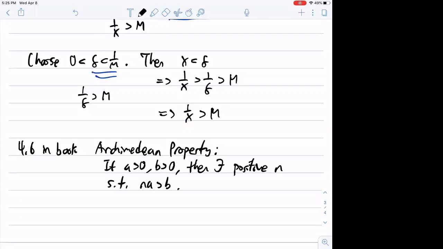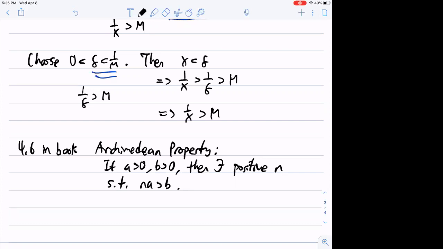Hopefully this is clear, right? If I give you two numbers, and I multiply one of them by some big enough positive number n, it's going to be bigger than the other. Even if I have 2 and a billion, if I choose n to be 2 billion, 2 times 2 billion is going to be bigger than 1 billion, right?